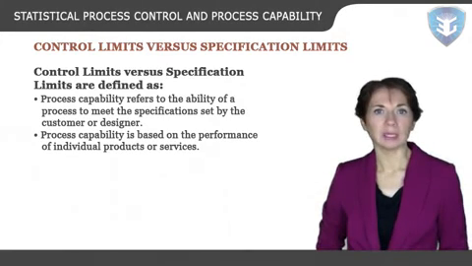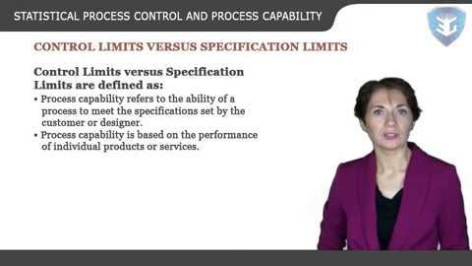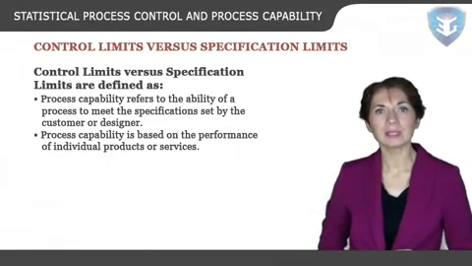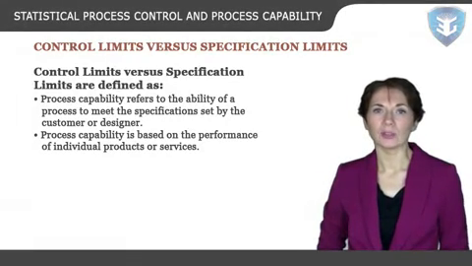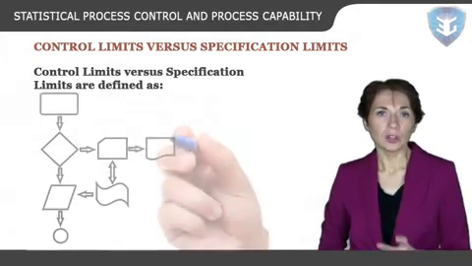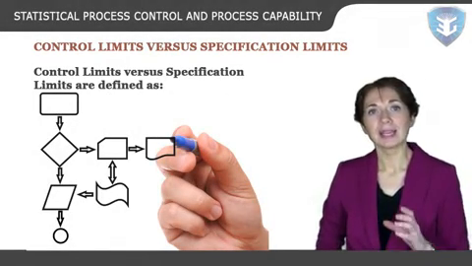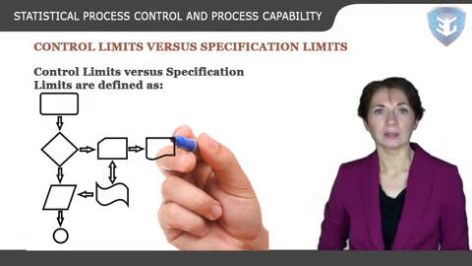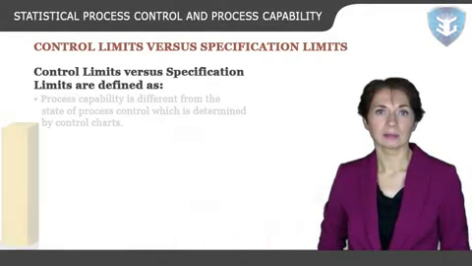Process capability refers to the ability of a process to meet the specifications set by the customer or designer. Process capability is based on the performance of individual products or services, not the subgroup averages, against specifications set by the customer or designer, not the statistically computed control limits.